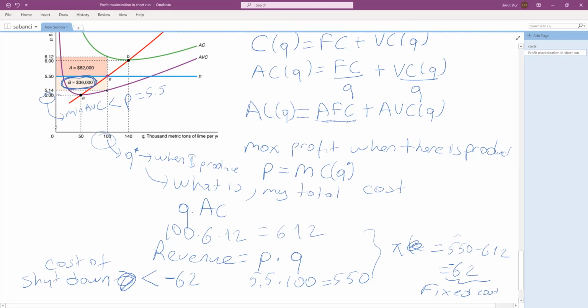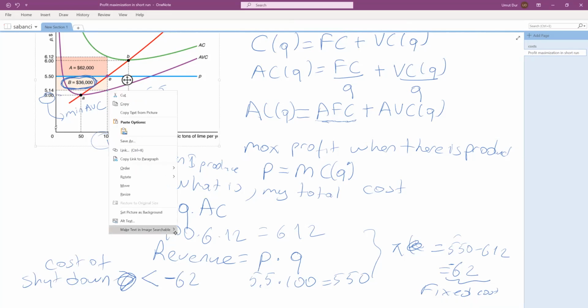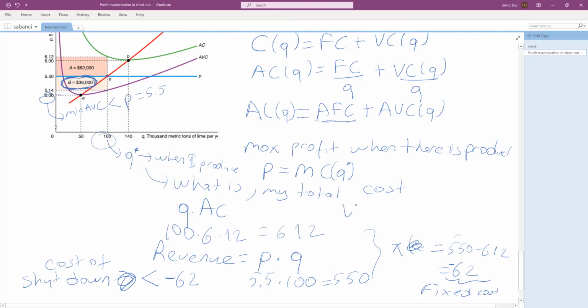So at the optimum level, my variable cost at the optimum level is average variable cost times quantity. The average variable cost at the optimum is 5.14 times quantity, which is 100. So this is my variable cost, which is 540.